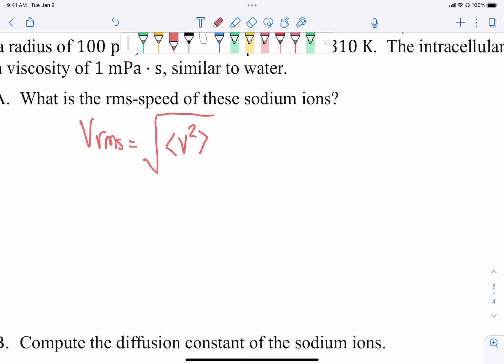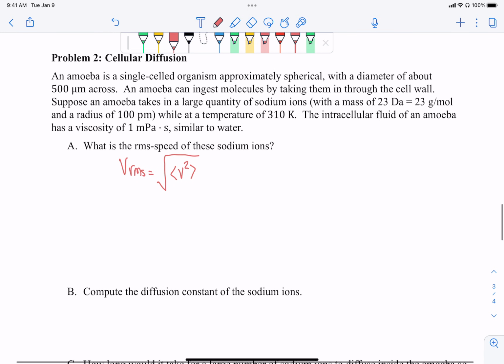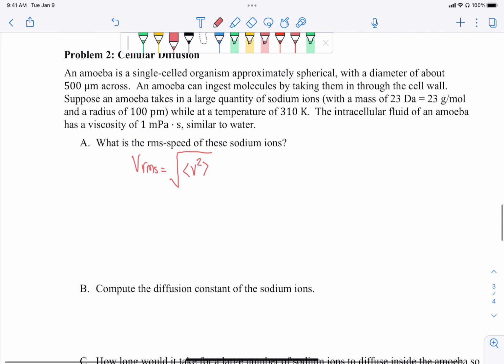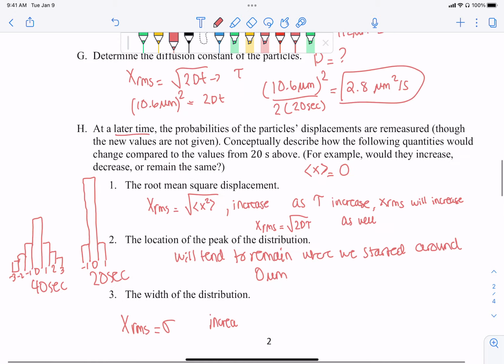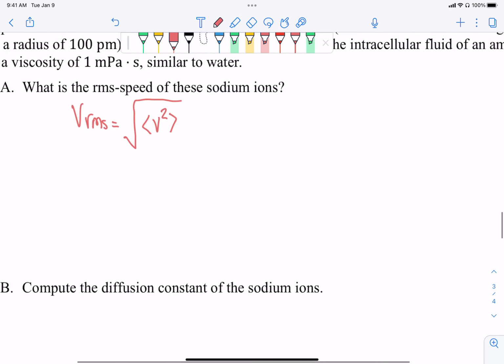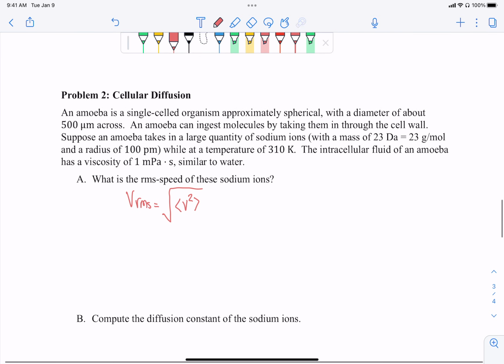Yeah, that's right. However, do we know the velocity here, or the speed? Do we have a value that we can refer to, like we did for problem 1? Or is there a way we can relate temperature and mass and all that stuff? Well, that's right as well.